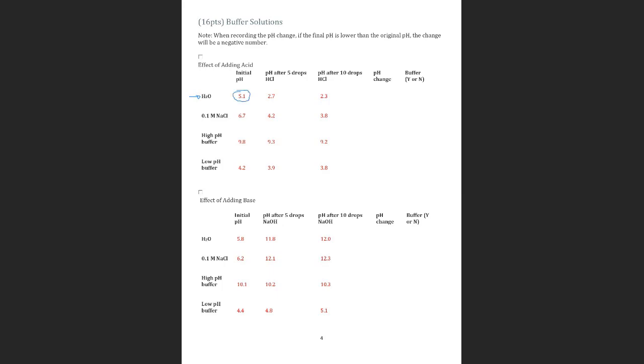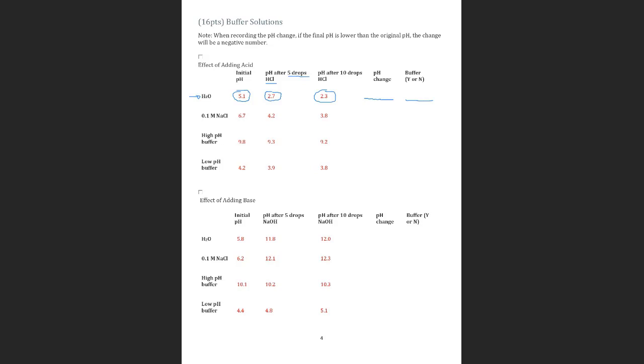After 5 drops of hydrochloric acid, it's 2.7. After 10 drops, it's 2.3. So they will ask you for the pH change and if it's a buffer, yes or no.